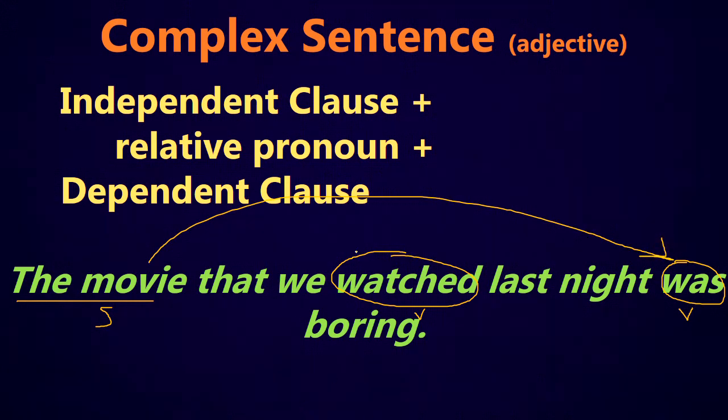Whereas watched, what is the subject of watched? It is the word we. So that we watched last night, here is my relative pronoun. That's the connecting word. This relative pronoun is connecting the word movie to we watched last night.